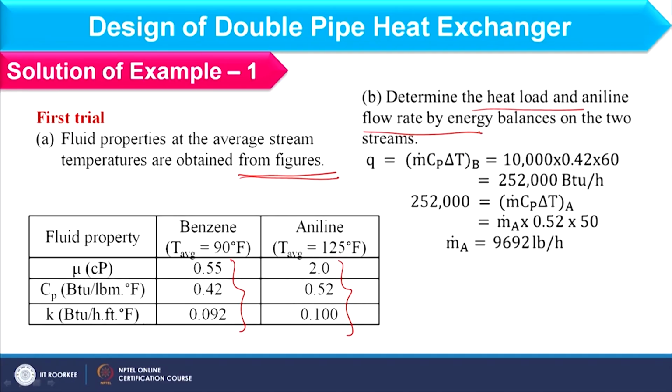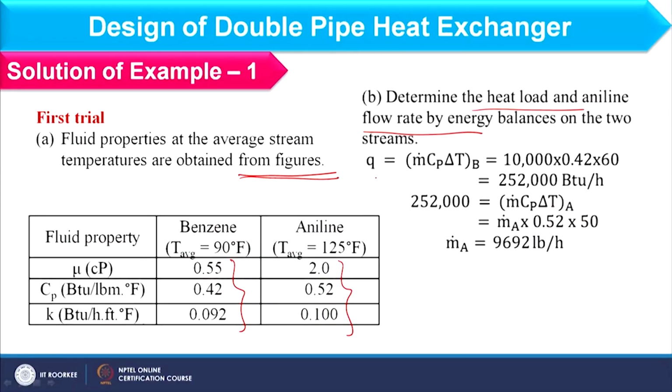So, first of all we will find the heat duty and then balance the heat with the heat of the other fluid to find out the flow rate of the other fluid, right, because temperatures of both fluids are known to you, fine. To compute this we need the specific heat as a property, which we have already collected.